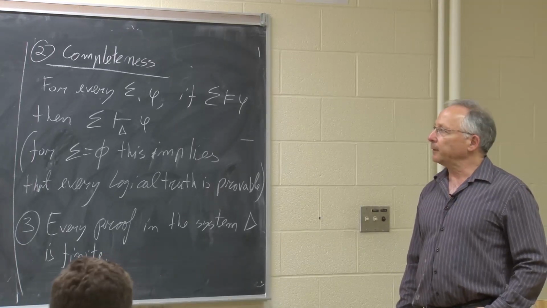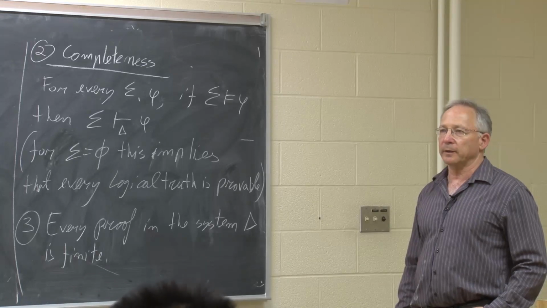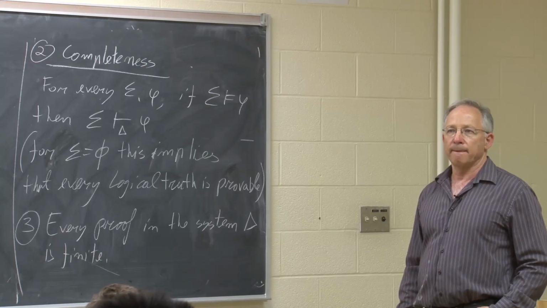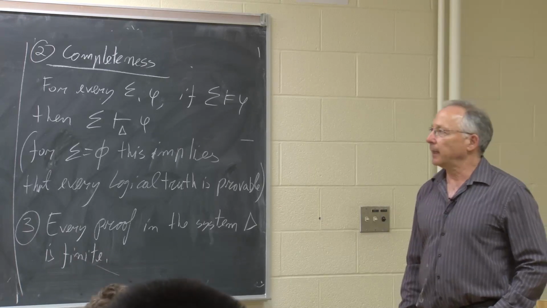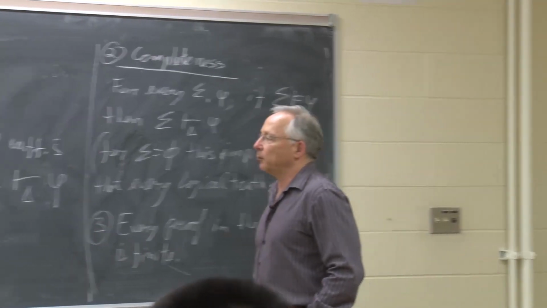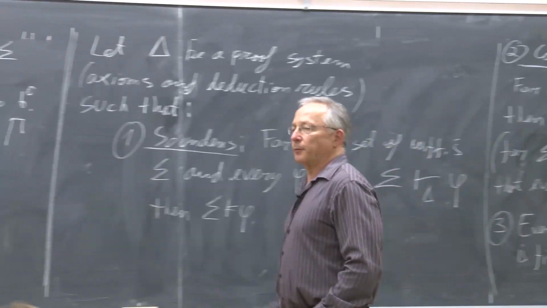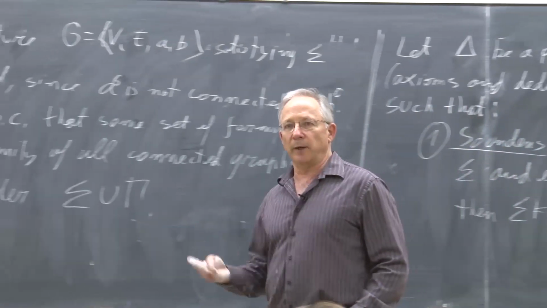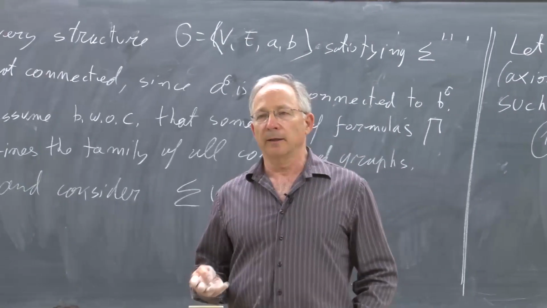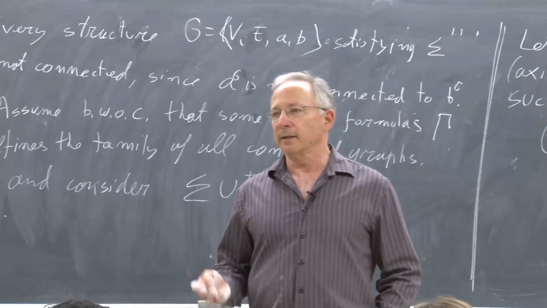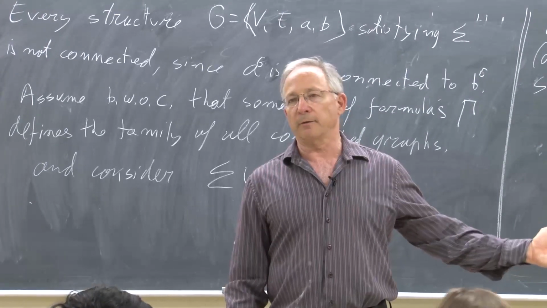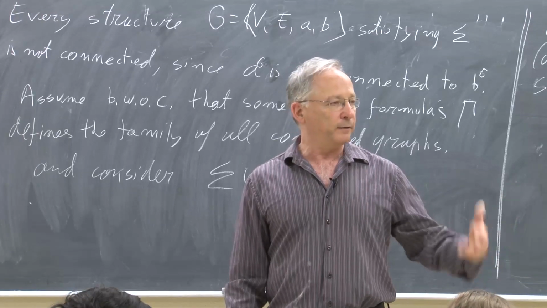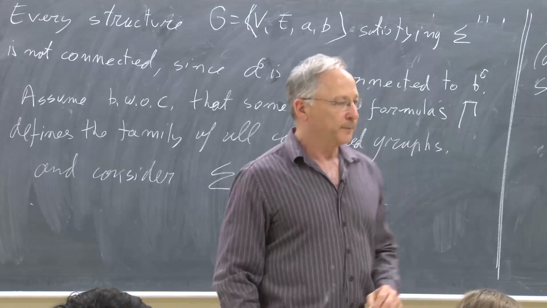Okay? Now I'm claiming, assume that you have those three properties, then we have compactness. Then we have the compactness theorem. So the compactness theorem follows from, although it looks like it has such unpleasant consequences, it follows from those very desirable requirements. That you have a proof system that is sound and complete, and every proof is finite.